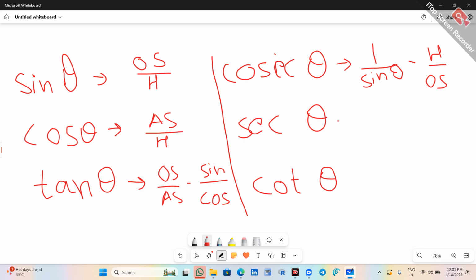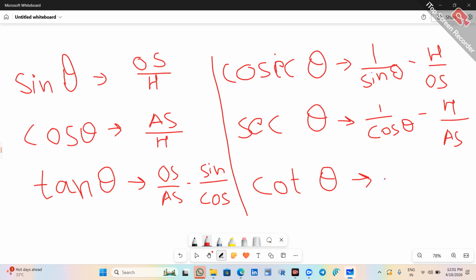And secant theta is nothing but the inverse of cos theta, so 1 over cos theta, that is hypotenuse over adjacent side. Cosecant theta, hypotenuse over opposite side. Secant theta, hypotenuse over adjacent side.